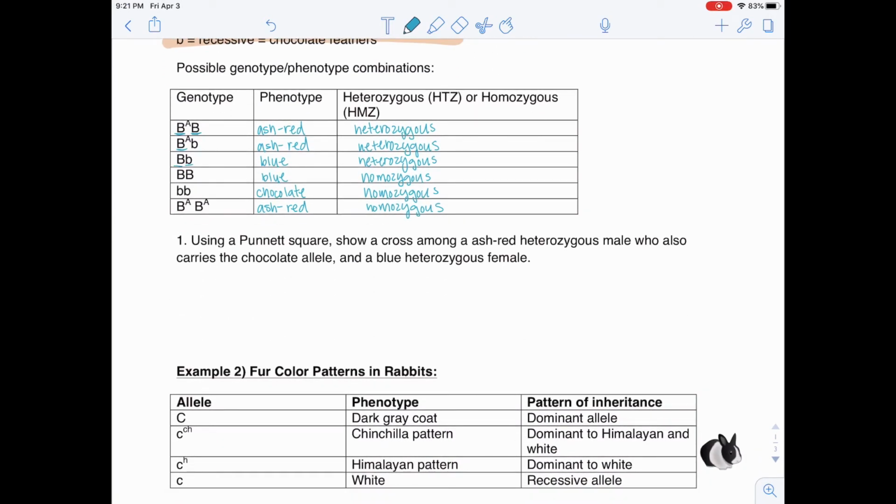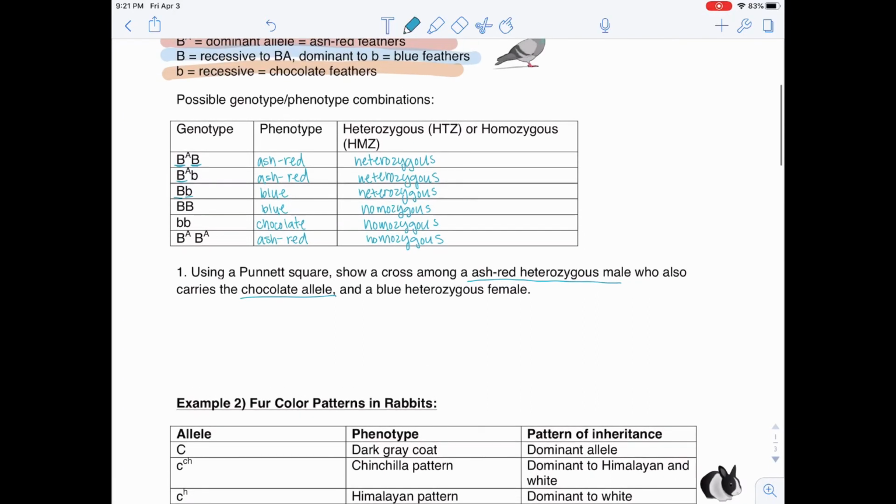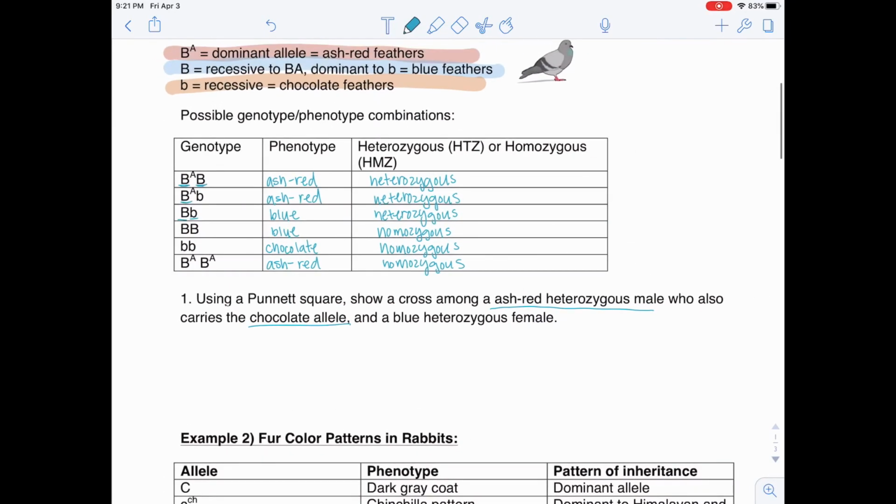Use a Punnett square. Show a cross between an ash-red heterozygous male who also carries the chocolate allele and a blue heterozygous female. So, an ash-red heterozygous male who also carries the chocolate allele will have the genotype B^A for the ash-red allele and also small b for the chocolate allele.